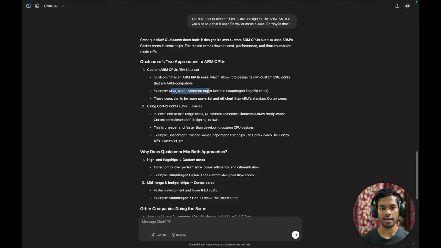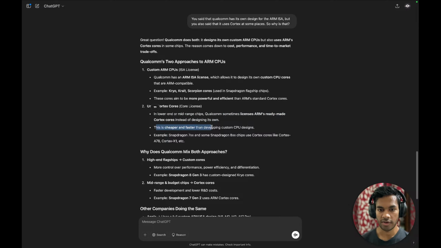Oh, these are designs, like Scorpion cores. These core designs are used in Snapdragon chips. These cores aim to be more powerful and efficient than ARM's standard Cortex cores. Using Cortex cores under a core license in low-end or mid-range chips, Qualcomm sometimes licenses ARM's ready-made Cortex cores instead of designing its own.